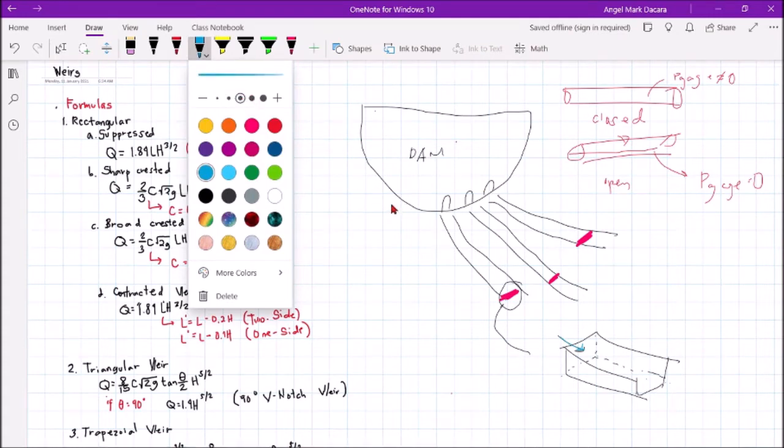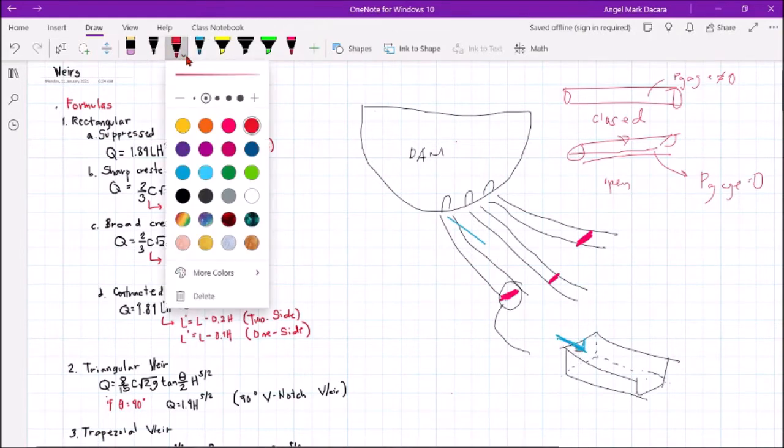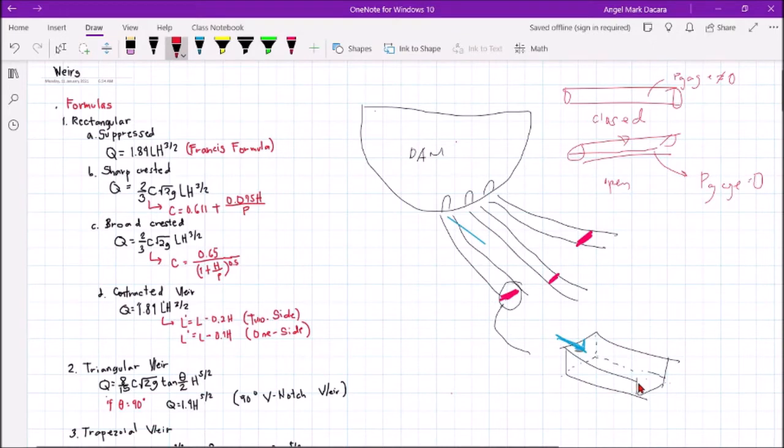Okay. So, dyan, merong incoming tubig. Okay? So, ang gagawin dyan ng weir, anong mangyayari kapag may weir dito? Let's say may weir na ganito kataas. May weir kunyari na ganyan kataas. Let's say this is weir.